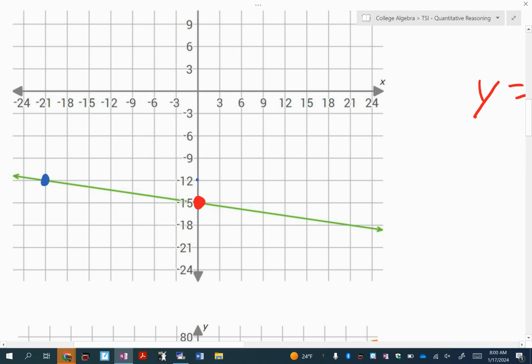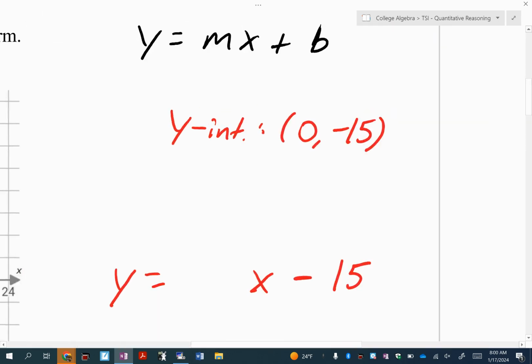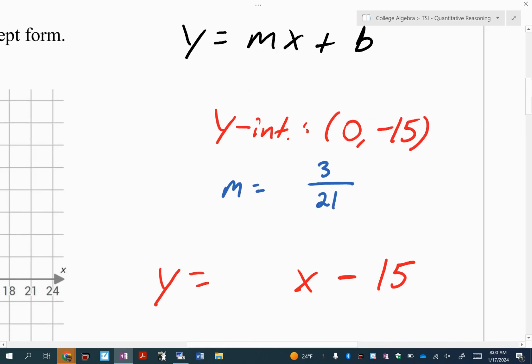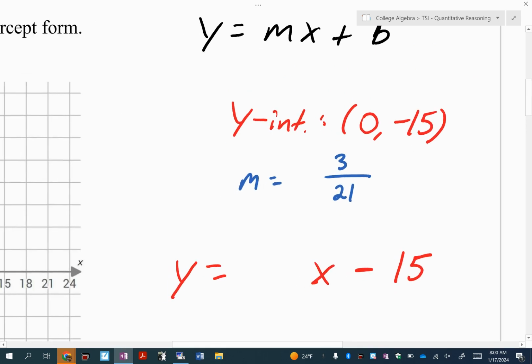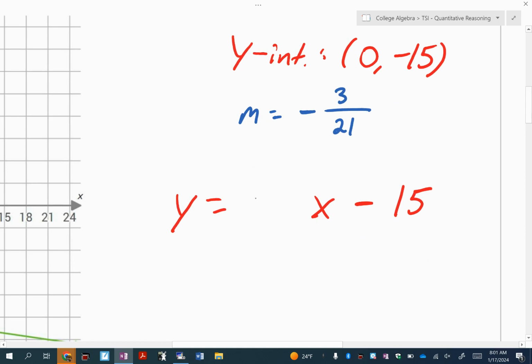So to get to this point, I went up 3 and I went left 21. Now, do you remember what sign we did in the graphing when I went up and to the left? Very good, Samantha. Negative. Can you reduce 3 over 21? You can. It is 1/7.